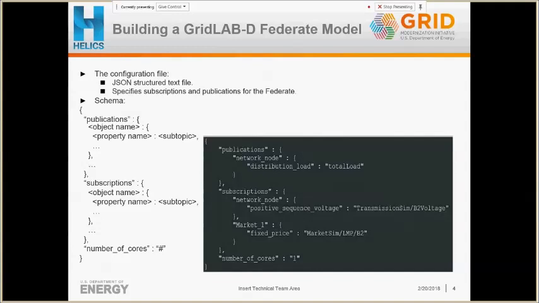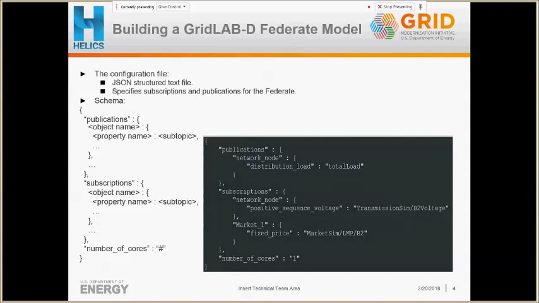I am currently working on implementing the combination federate so that it can support both physical value subscriptions and publications, as well as communication endpoints. But right now, all that's supported is value federate subscription and publication topics.